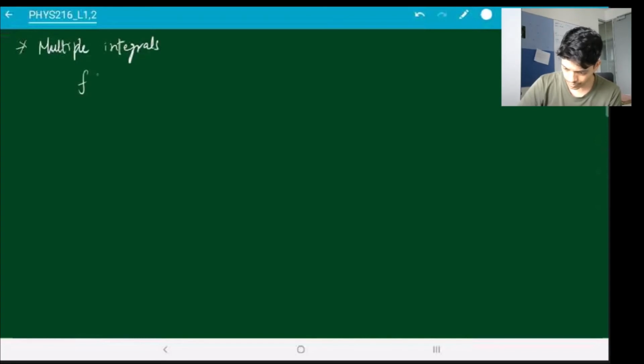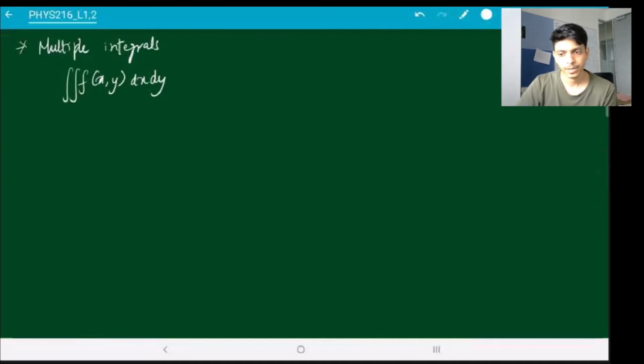So if you have some function f of x,y, a function of two variables, and you want to integrate this over dx dy, there's nothing fancy, there's no new method to be learned over here. Very straightforward way. Let's say x goes from a to b and y goes from c to d.